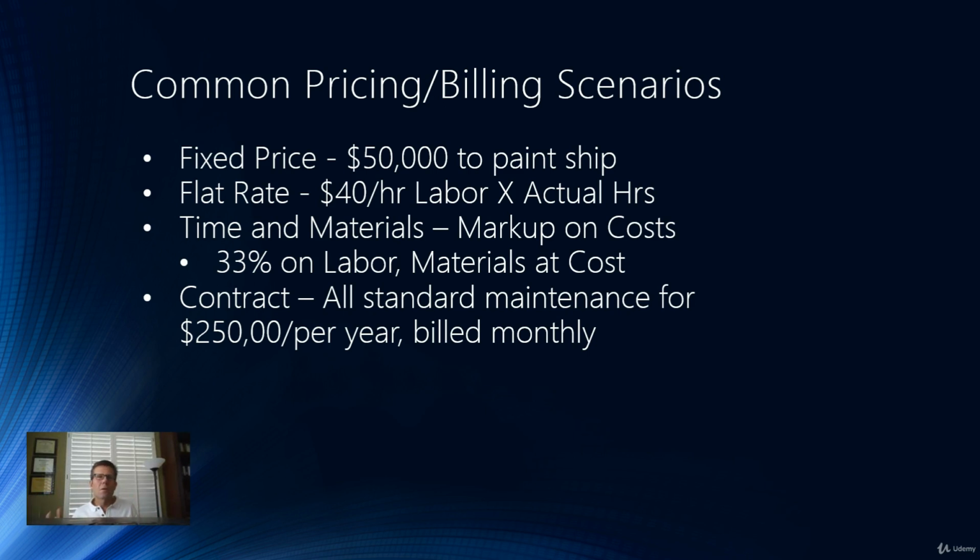Then finally, another kind of billing scenario is on contracts, where the contract itself might cover all the maintenance. So for example, we might have an annual contract for maintenance for a customer, and we'll charge them $250,000 per year. We'll bill them monthly, and everything within the terms of that contract are covered.